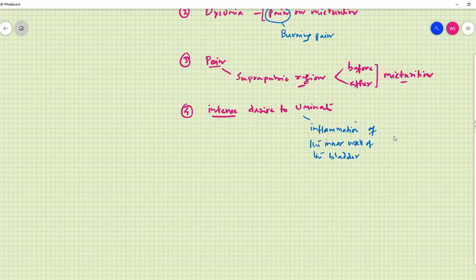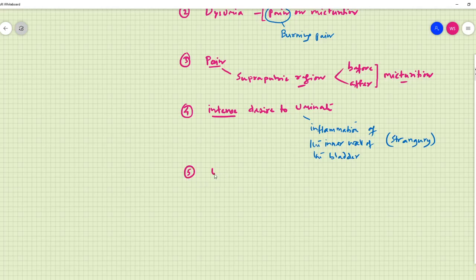Technically it is called strangury. The patient presents saying there is an intense desire to urinate, which is not the normal feeling.